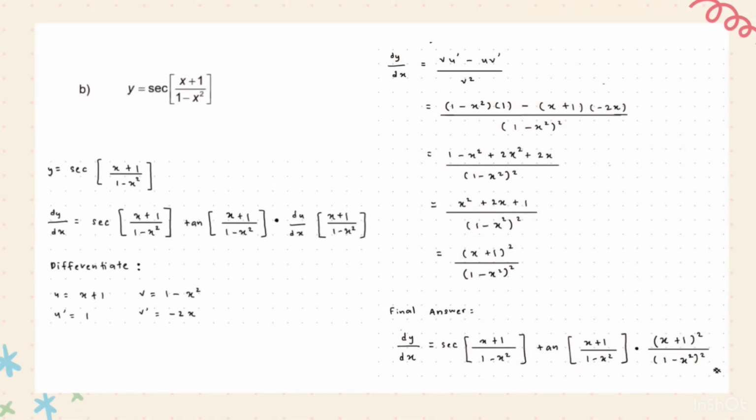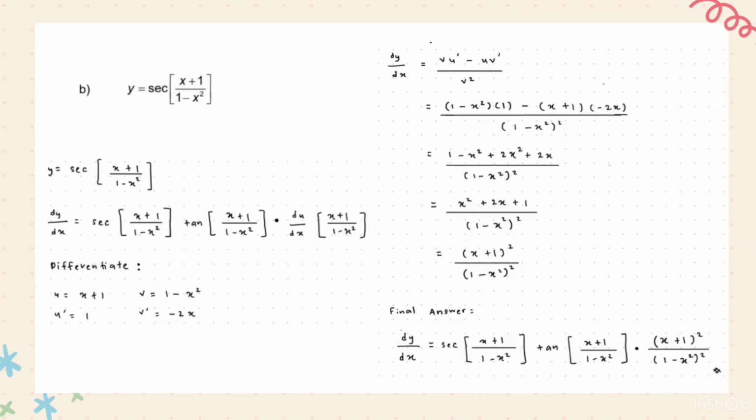Alright everyone, next question 2b. y equal to secant of x plus 1 over 1 minus x squared. To find dy over dx, we start with the chain rule. Since we have a secant function, the derivative of secant u is secant u tangent u times the derivative of u, where u equal to x plus 1 over 1 minus x squared.